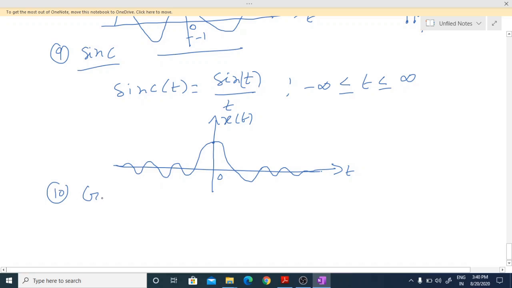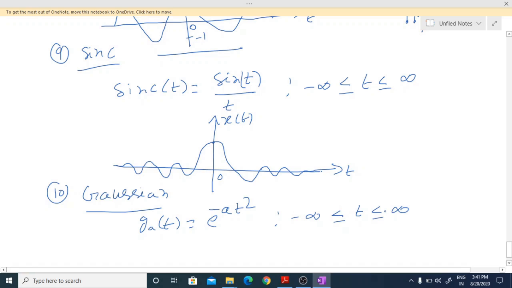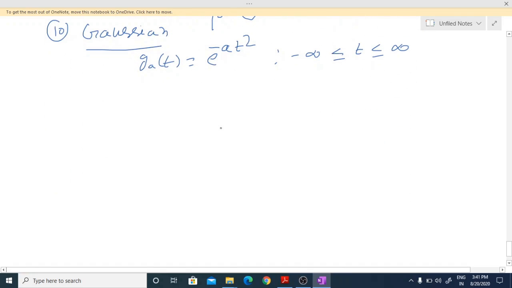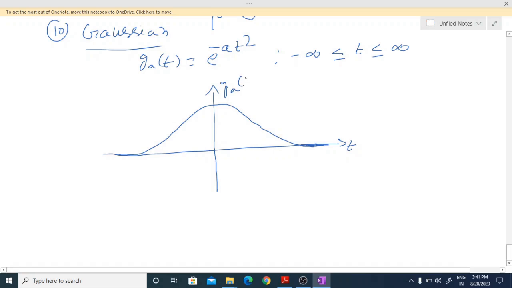The next one is the Gaussian signal, and this Gaussian signal is defined as Ga of t is equal to e power minus a t square, for t value starting from minus infinity to plus infinity, and this signal is represented as follows.